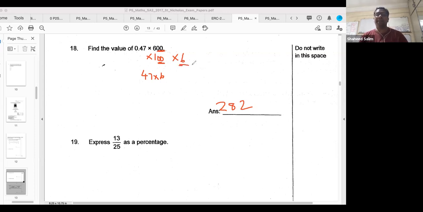Then you times the balance 6. Those of you who have got 52%, you can just times this by 4, you get 52 over 100. 52 over 100 is the same as 52%. Or you can just remember the rule: any fractions or decimals, you times by 100, you get the percent.